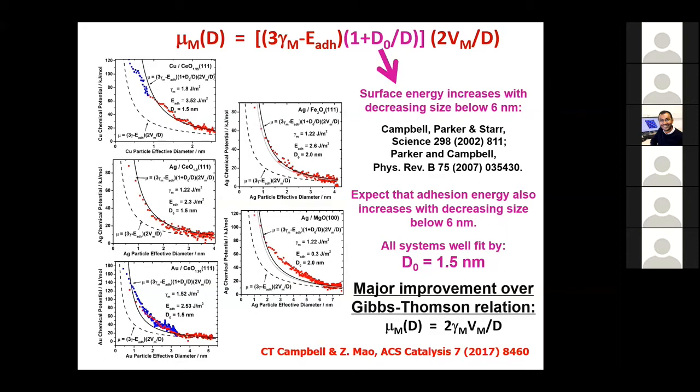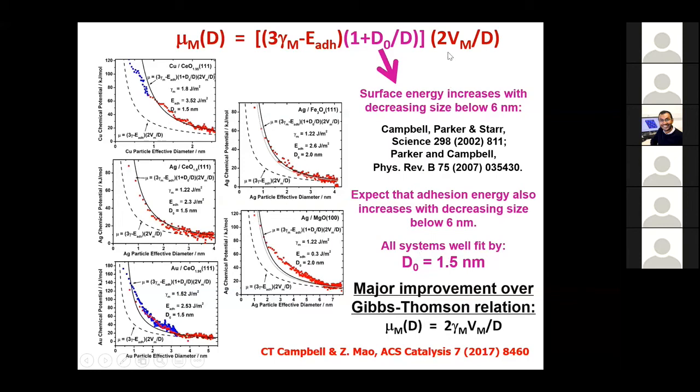Whereas when you get smaller and smaller, you get more step edges and more kink sites. And we know that those are more costly energetically. So the energy to create those surfaces that are of high radius of curvature increases as you go to decreasing particle size. And there's also literature that says adhesion energies also increase as you go to decreasing particle size. So we just put this in as an estimate of that behavior and use this as a parameter, and found if we put 1.5 in, it fits all of these data pretty darn well.